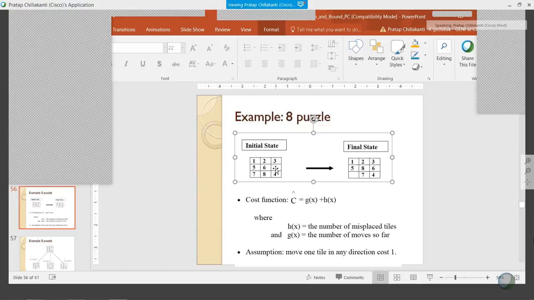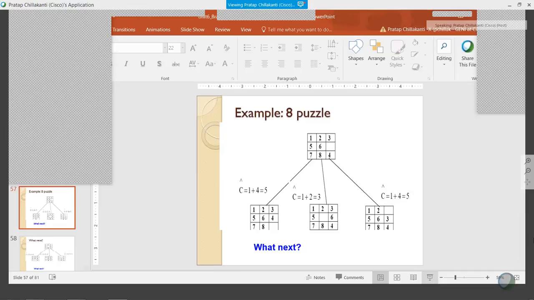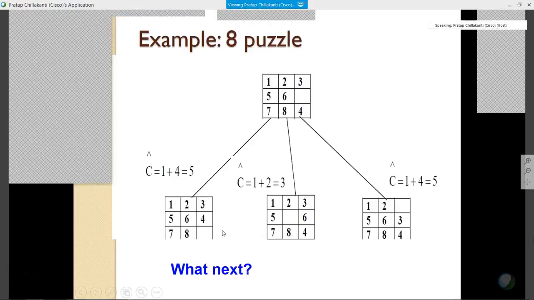Because HX is the number of misplaced tiles. 4 would be a misplaced tile, 6 would be a misplaced tile, right? So there'll be 4 misplaced tiles. Okay, let me go back to this. So if I move 4 up here, 1 is the movement, 1 move. That 1 comes from there. Plus, I have 4 misplaced tiles. That's how you get 5 here.